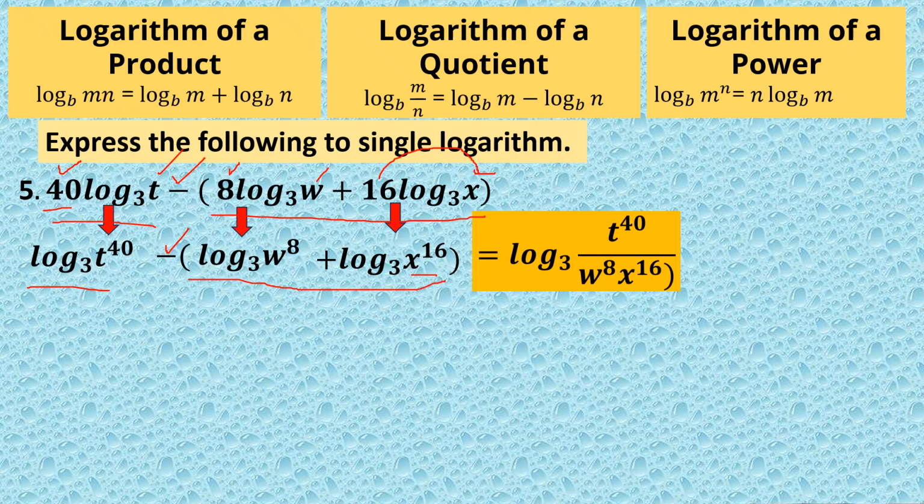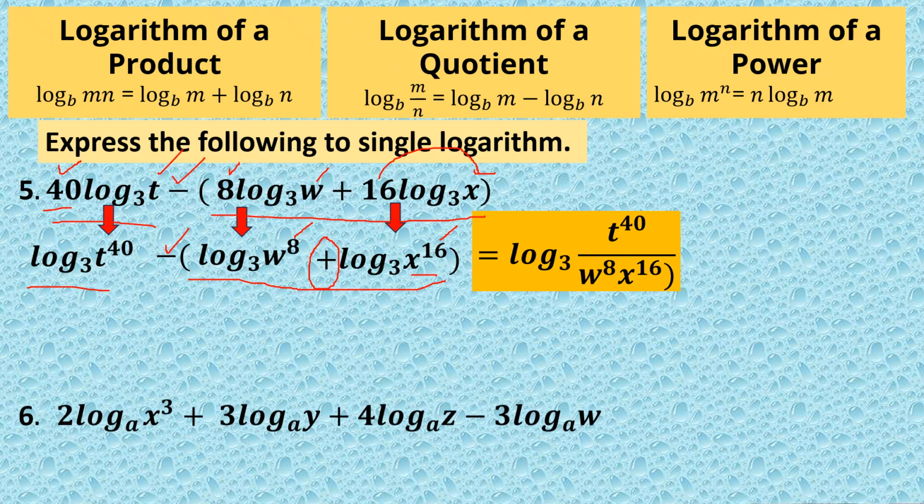And so far that will become log of t to the 40 over, this is a plus, so meaning we will be writing together the w to the 8 and x to the 16 as a factor. So log of t to the 40 over w to the 8 x to the 16 to the base 3. Okay, so that's number 5.